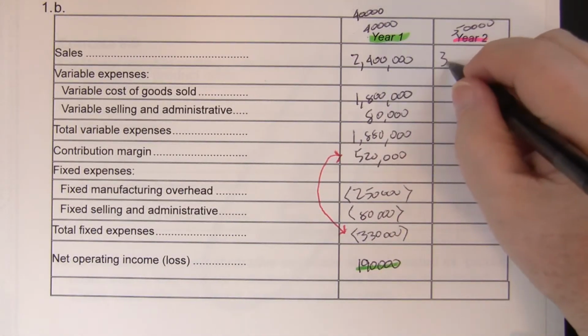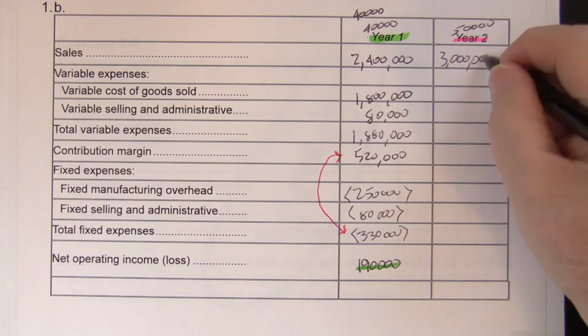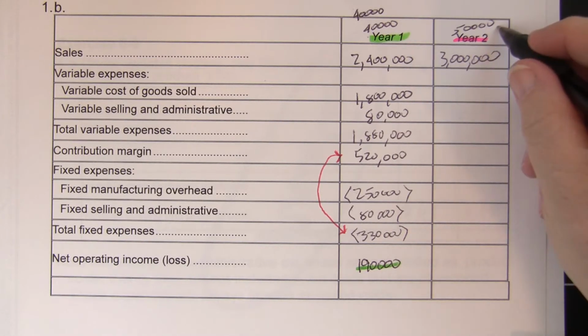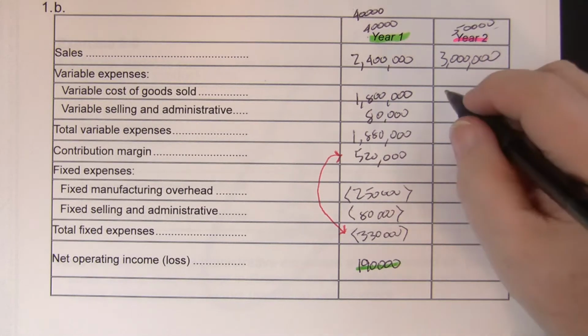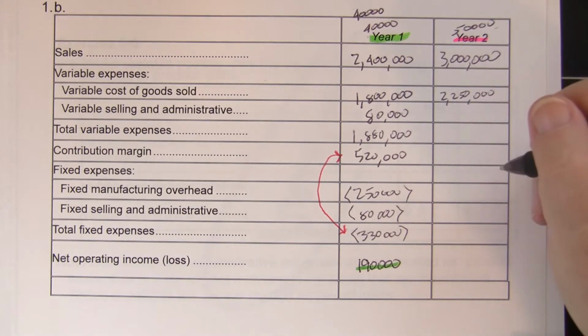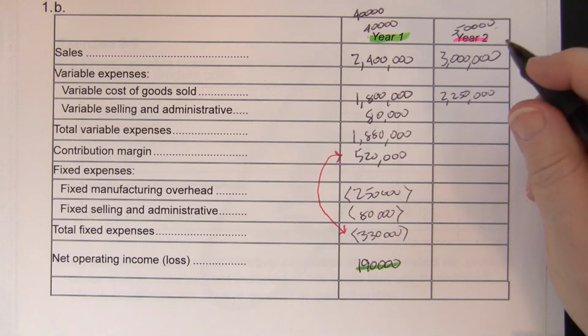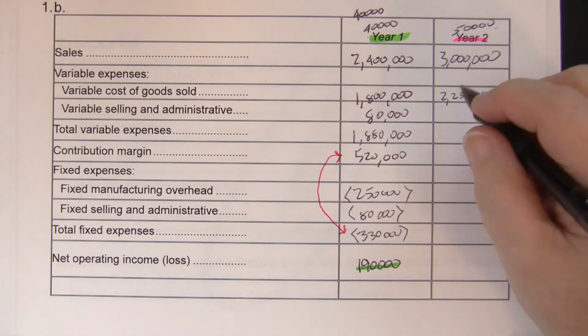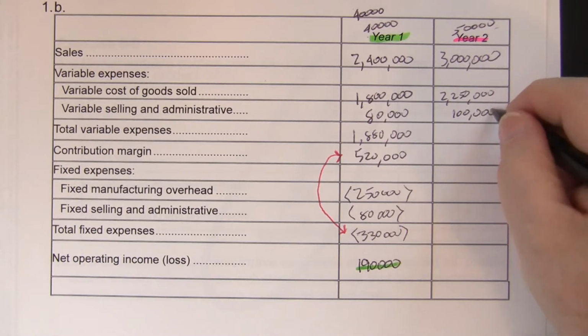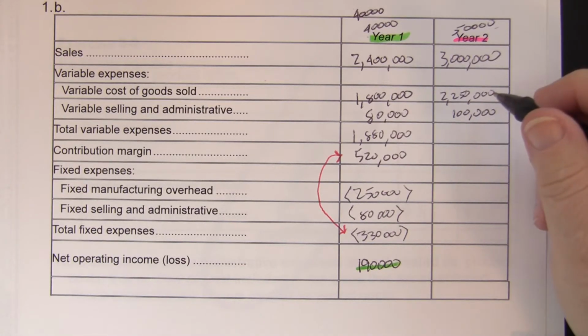It's $3 million. The variable cost of goods sold, 50,000 units times $45 per unit, $2,250,000. 50,000 units times $2 for the variable selling and administrative. Again, that's one I can do in my head. $100,000.